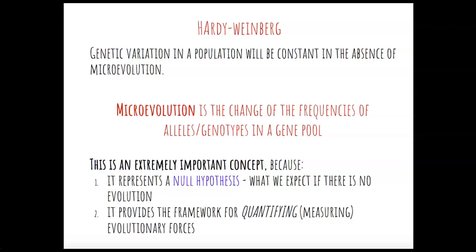So anytime you sample the same population, the frequency of those alleles and genotypes will stay the same because there is no evolution occurring. We define microevolution as the change of the frequencies of alleles or genotypes in a gene pool. And the Hardy-Weinberg theorem, or the Hardy-Weinberg equilibrium, is a state where microevolution is not occurring, and therefore genetic variation is remaining constant.